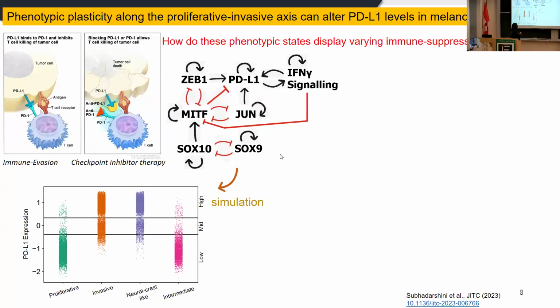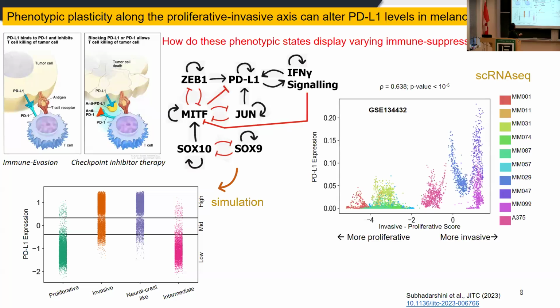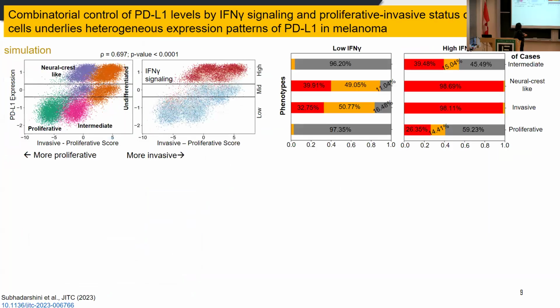What we saw is that the invasive and the neural crest, which is more dedifferentiated, have mid to higher levels of PDL1, whereas the proliferative and intermediate have lower levels of PDL1. And this was also seen in data. So the more dedifferentiated a phenotype becomes, the higher is the PDL1 expression level, as well as the variation in PDL1.